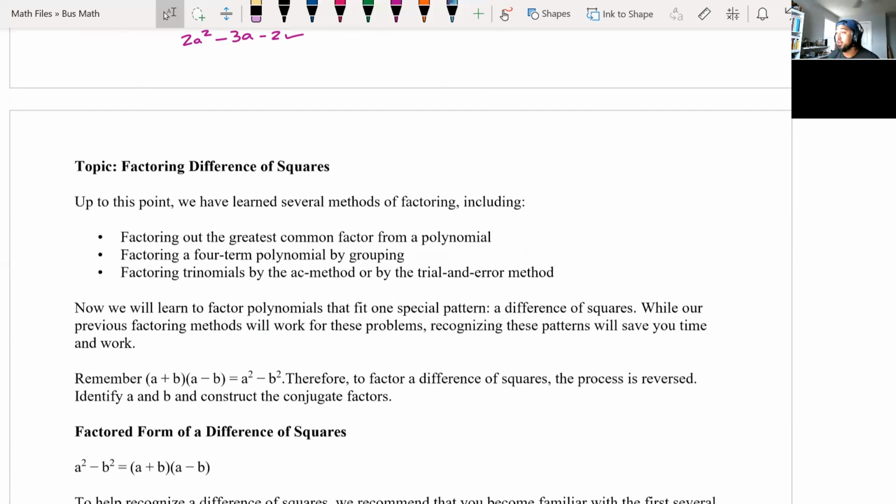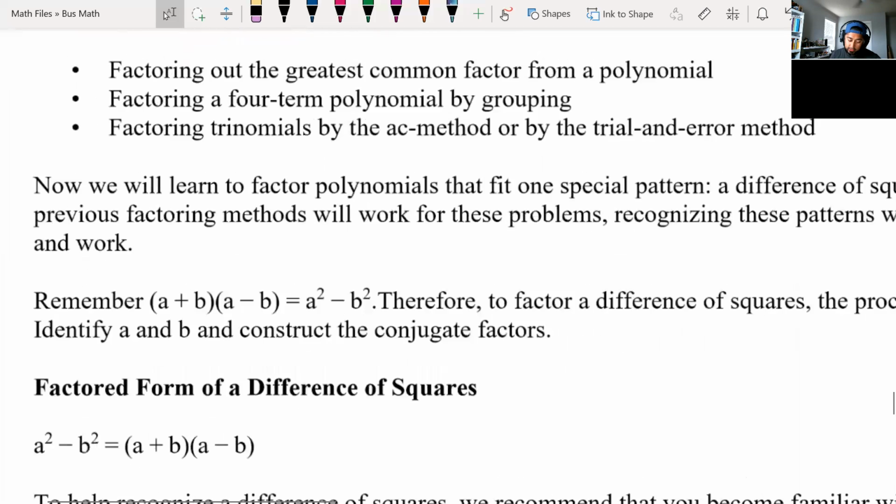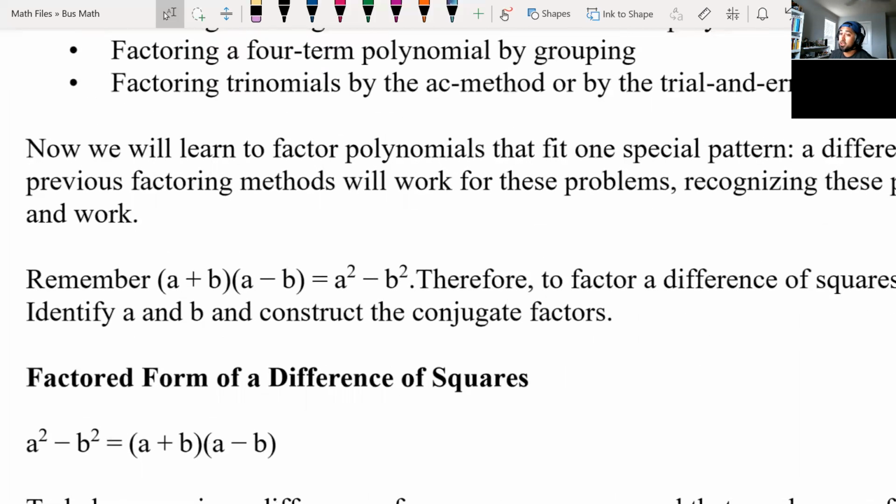Okay, cool. So now we come across another factoring method called factoring a difference of squares. This is when you're given 2 perfect squares, and to factor them, let's go back to when we did the polynomial worksheet.